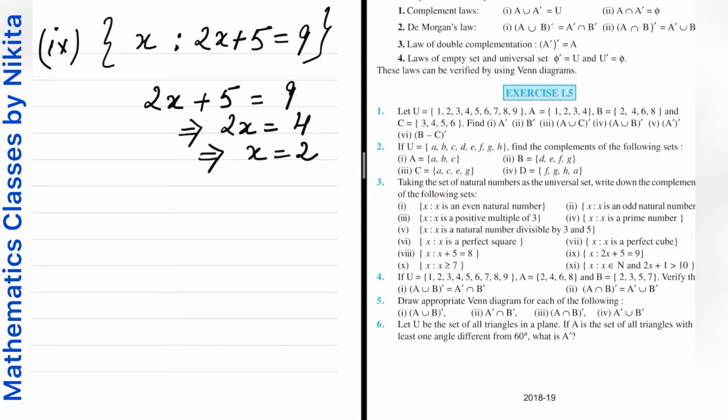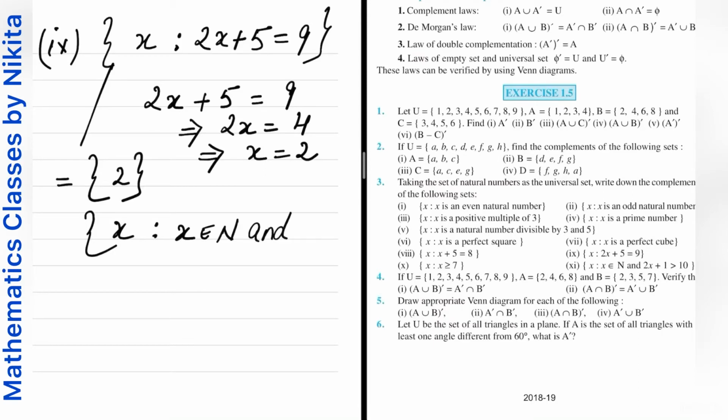So this set is nothing but it is equal to singleton 2. So only 2. So therefore its complement will be all those x such that x belongs to n and x is not equal to 2. Okay, x is not equal to 2.